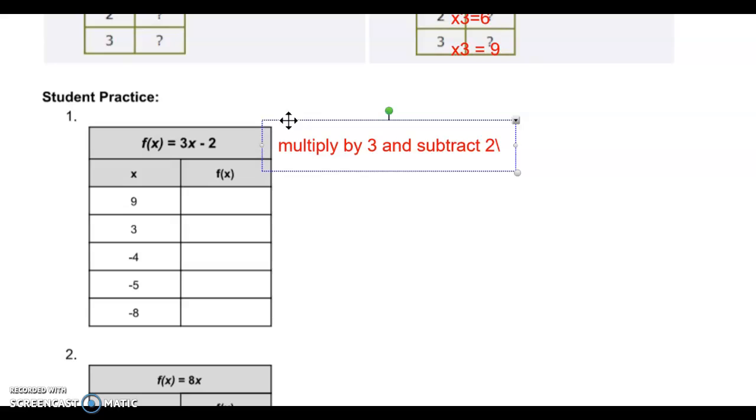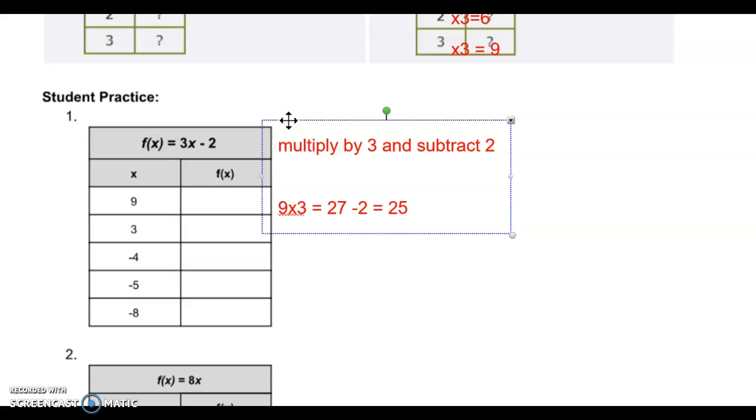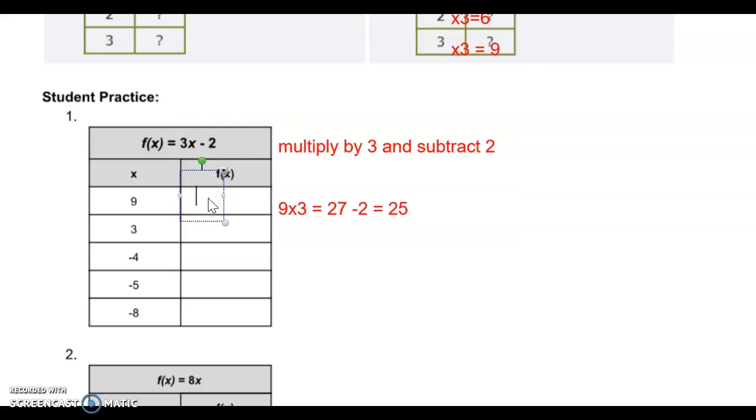So for my first one there, which is 9, I'm going to take 9 and multiply 9 times 3, which is going to equal 27. And then I'm going to subtract 2, which equals 25. So I'm going to put 25 right over into this box right there.